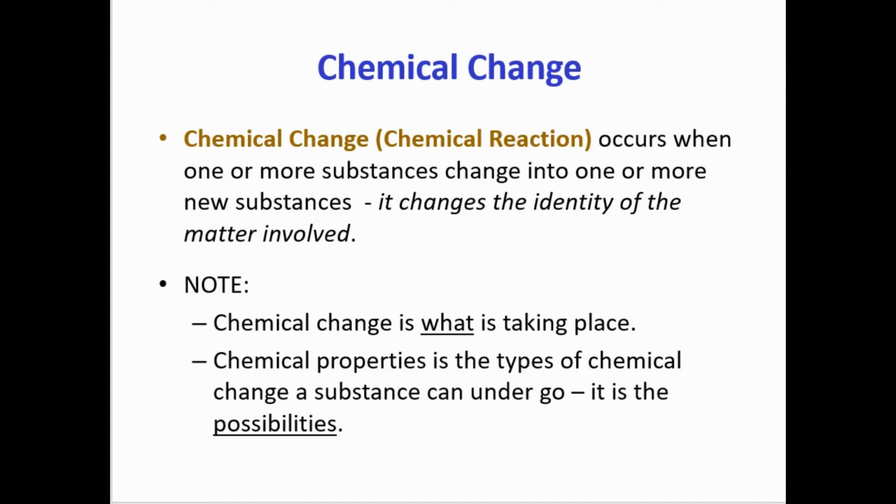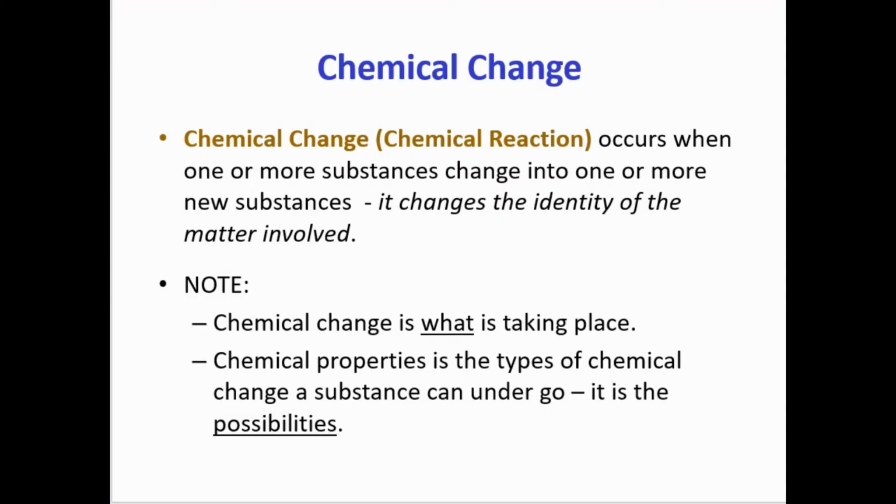A chemical change or chemical reaction occurs when one or more substances change into one or more new substances. They change the identity of the matter involved. In our previous example, gasoline and oxygen changed into carbon dioxide, water, and energy.